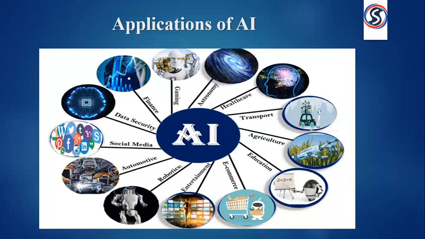The advantages that we are looking for are that it reduces human error. If I talk about the advantages and applications, AI is being used in various industries like gaming, astronomy, healthcare, transport, agriculture, education, entertainment, and robotics.